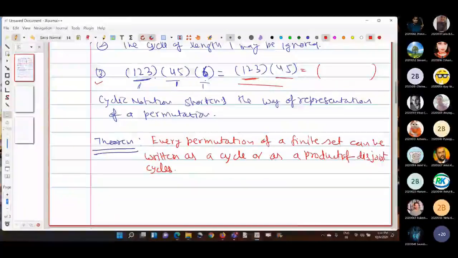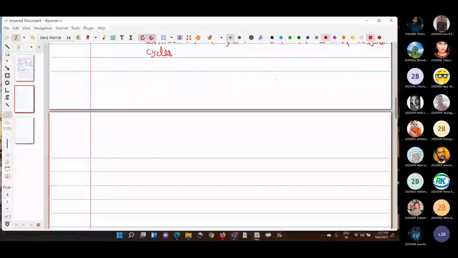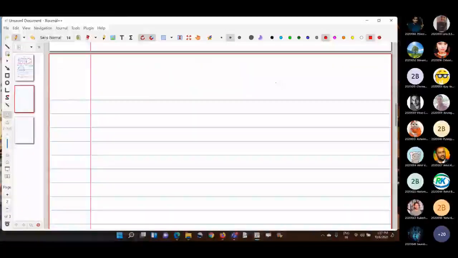Suppose this is cycle C1 and let us name the other C2. So there are symbols 1, 2, 3 and there are symbols 4, 5. There is nothing common between these two. This is what we mean. Okay, let us see the proof.